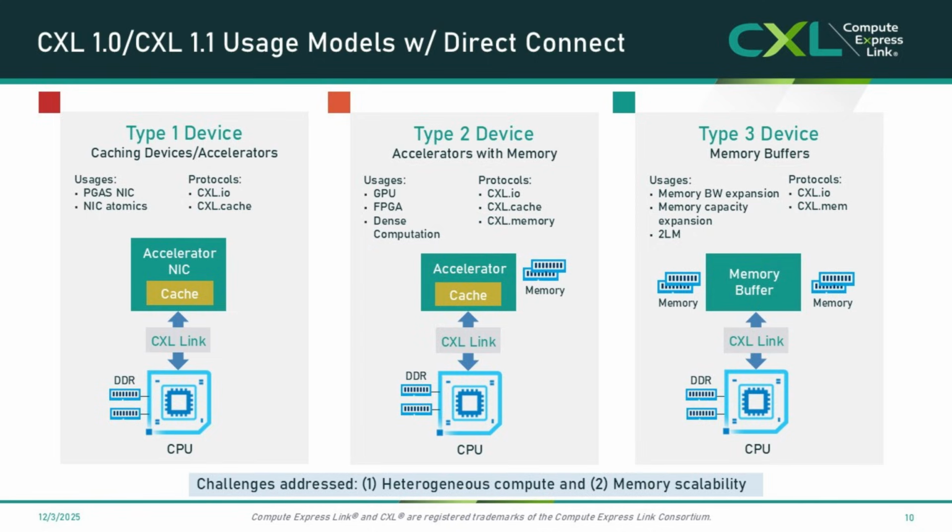We call it HDM-DB, or device managed coherency using backend validate. That effectively allows the Type 3 device to manage coherency with the CPU host and thereby perform accelerator functionality. So now we have two subtypes of Type 3 devices. One is classic memory buffers that appear as memory expansion devices that just have memory. And then we have Type 3 accelerators, which have memory, but in addition, they can also perform computation along with the CPU and manage cache coherency. I hope that answered the question.